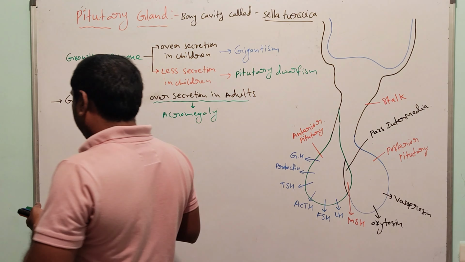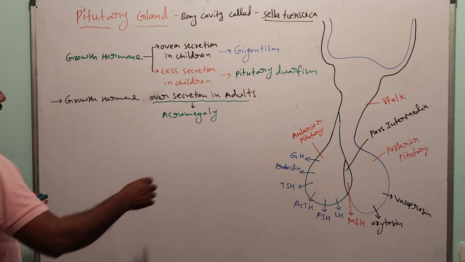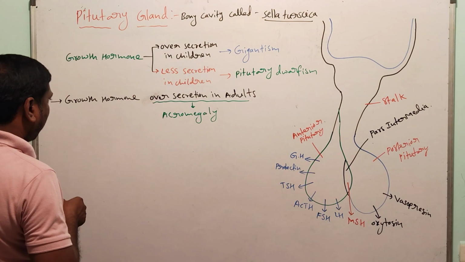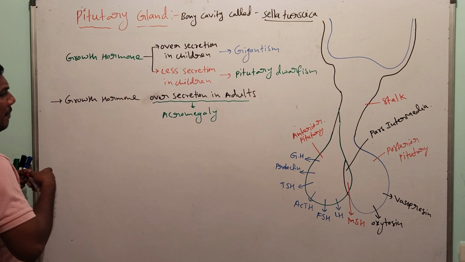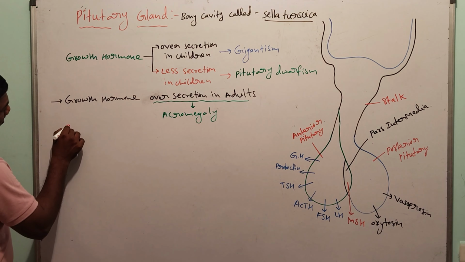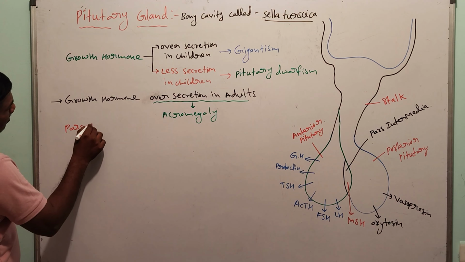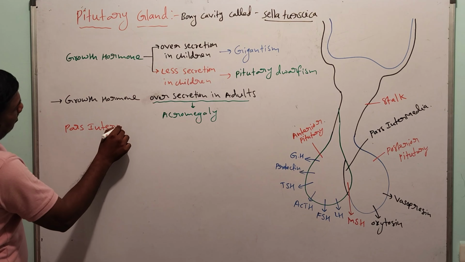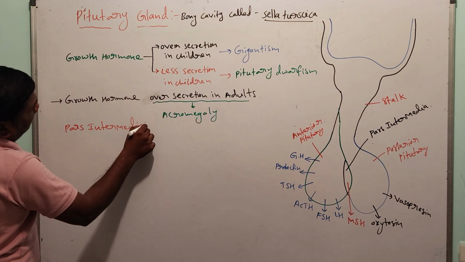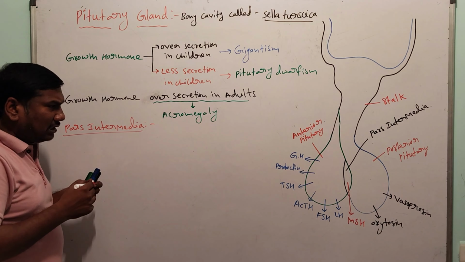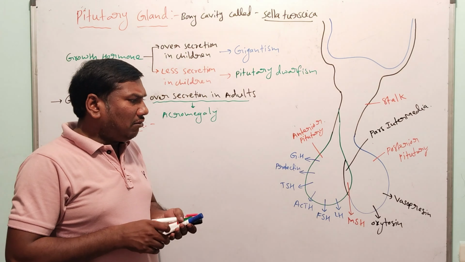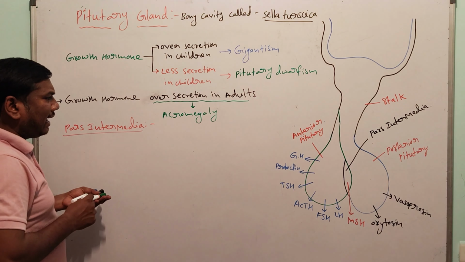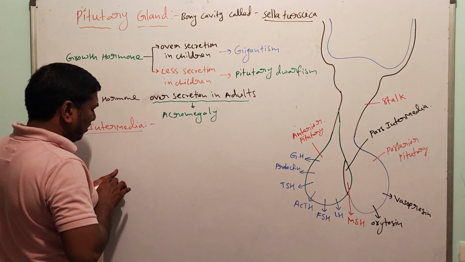Next gland is the pars intermedia. In the pars intermedia, only one hormone is secreted, called MSH, melanocyte stimulating hormone.